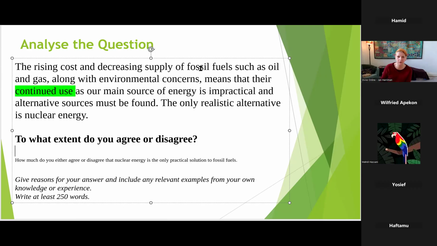The rising cost and decreasing supply of fossil fuels, such as oil and gas, that's a phrase, there's no active verb in there, along with environmental concerns, means that their continued use, so there refers to oil and gas, continued use as our main source of energy, their continued use is impractical. And that's our actual verb. Our verb is actually the is.